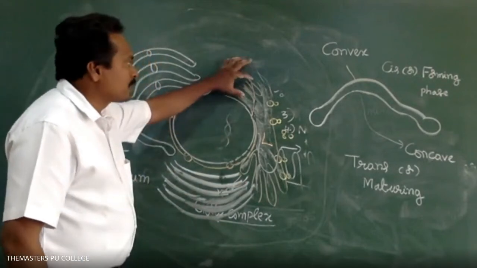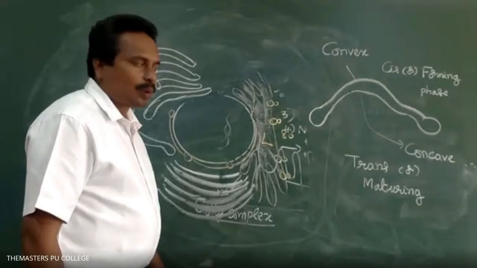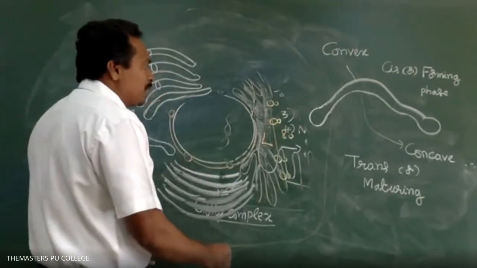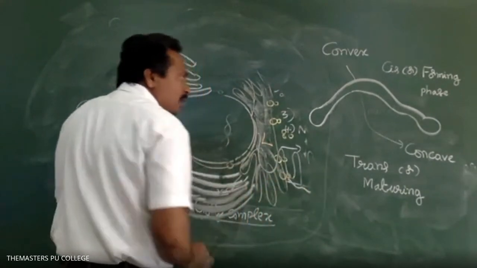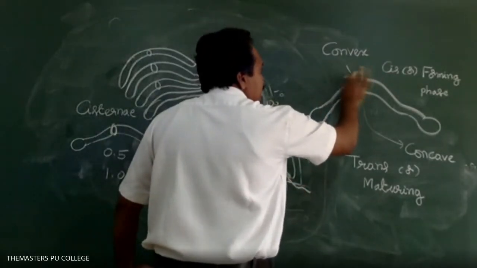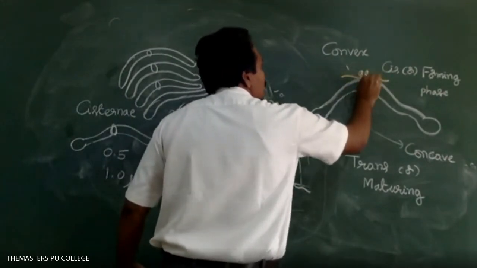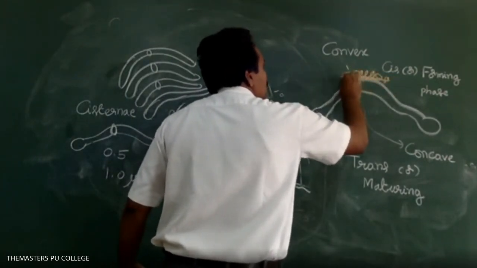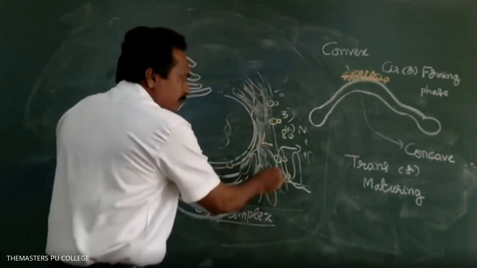What is the function of the endoplasmic reticulum? Synthesis of proteins. The synthesized proteins later move to the cisternae of the convex phase of the Golgi complex.